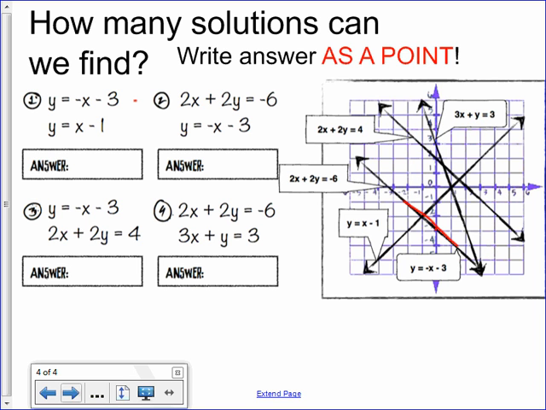Okay? Look for the slope y equals x minus 1. Well, it goes through this. So it's here. It's this line. Here's where those two lines cross. Okay? Looks like they cross at negative 1, negative 2. So the answer is negative 1, negative 2. Okay? Do those remaining ones on your own and make sure you check.